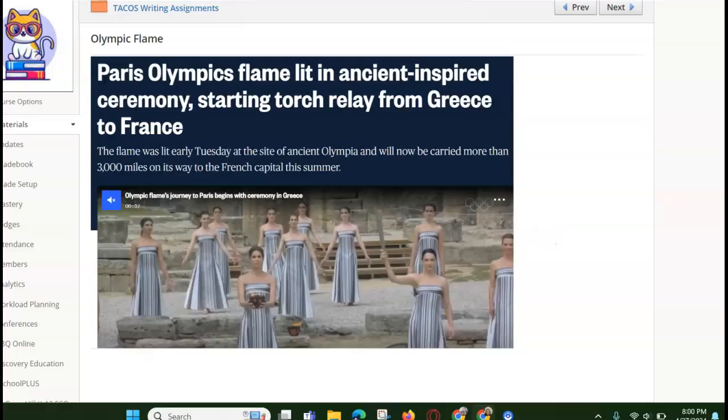Looking back at the picture, what actions are going on? Well, you can see they're posing. You can see that they're raising a torch. They are lighting a flame. They're holding a flame. I don't know if they're singing or speaking, but it does say very clearly that they lit the flame in an ancient inspired ceremony.